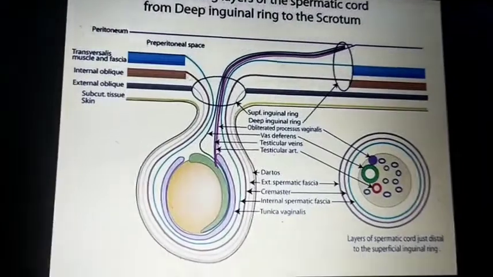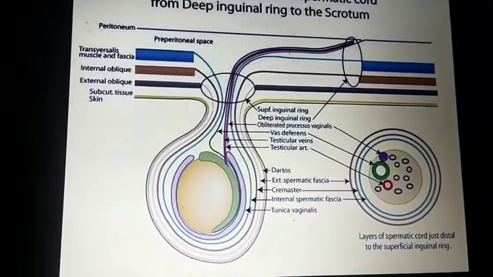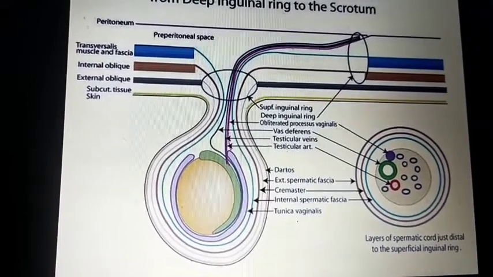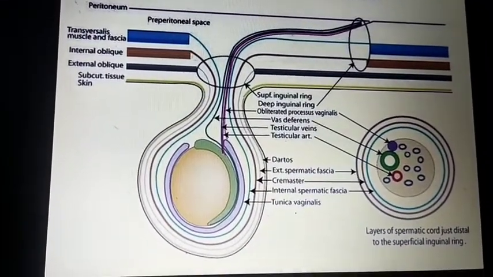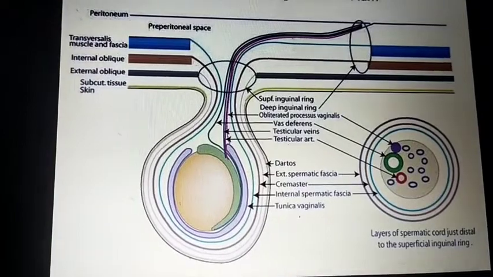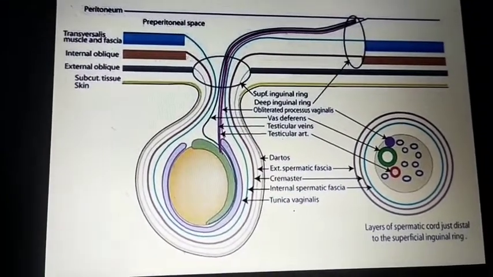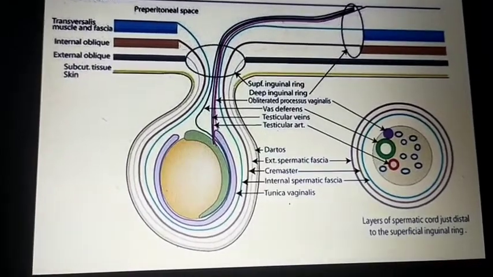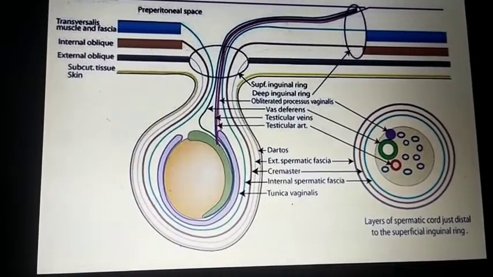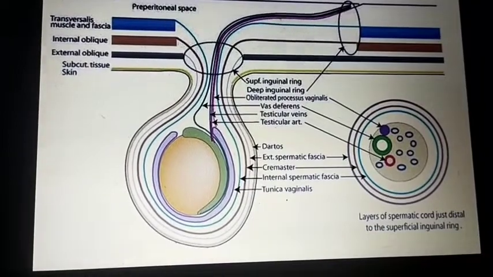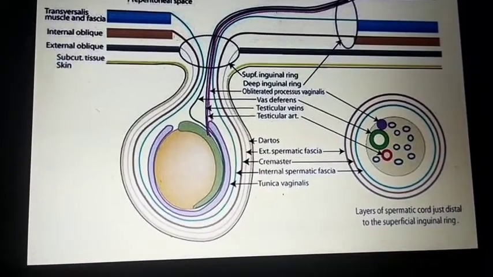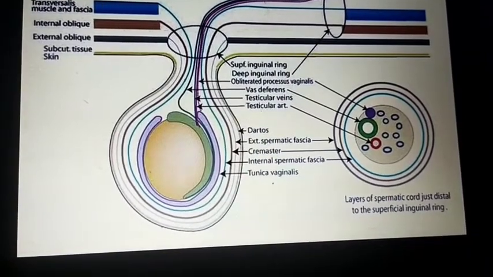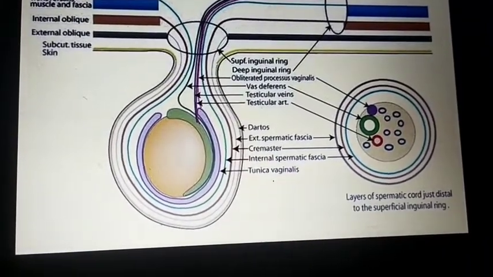You can see in this picture we can make out the anatomy of the inguinal canal. At that time I will also explain the relation between the inguinal canal and the scrotum. Okay, there are some herniations and some hydroceles, the bubonocele, or funicular hernia, or congenital hydrocele. There are some types.